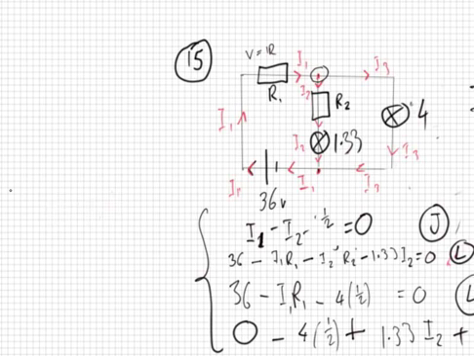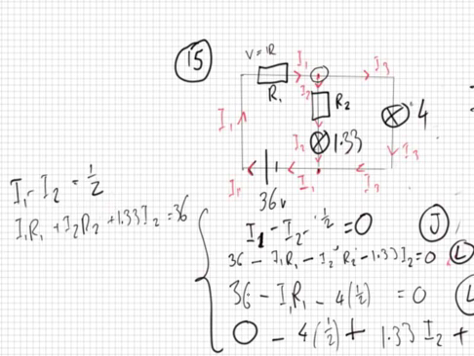So I1 minus I2 equals a half. Unfortunately, that's stuck. I1 R1 plus I2 R2 plus 1.33 I2 equals 36.